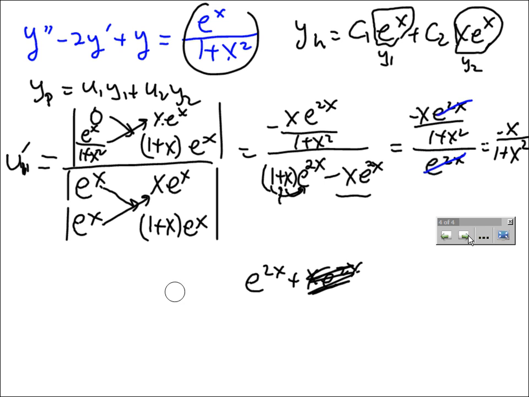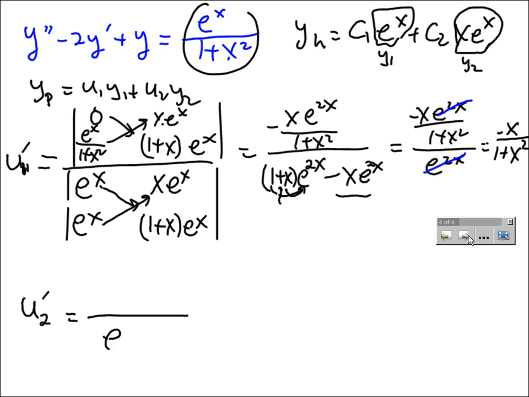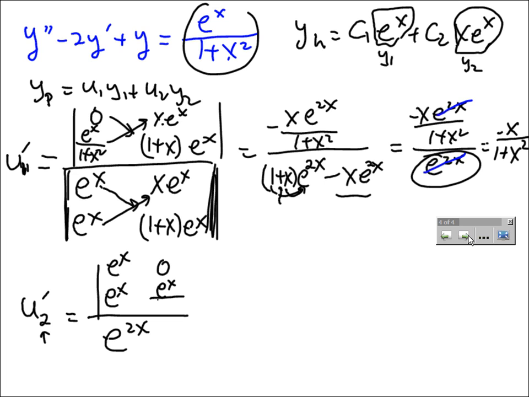Now let's find u sub 2 prime. Well, we know the bottom determinant is e to the 2x, because it's the same as this determinant, and we just calculated it. For the numerator, we're going to get y1 and y1 prime, and then since it's u sub 2, we put 0 and g of x: e to the x over 1 plus x squared.